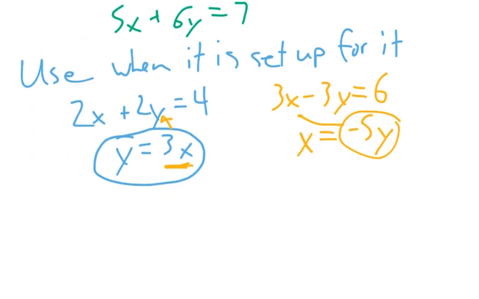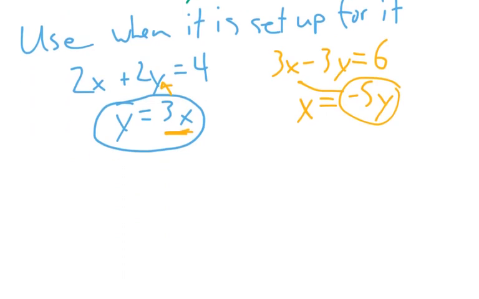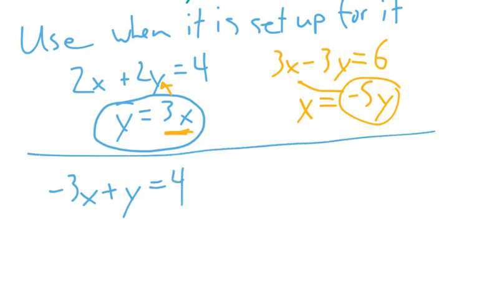Now, where it could get a little more complicated, but substitution maybe still is the best method, is something like this. Let's say we have negative 3x plus y is equal to 4. Let's draw a line here so we know this is a different problem. And then we have 5x minus 6y is equal to 30 or something like that.